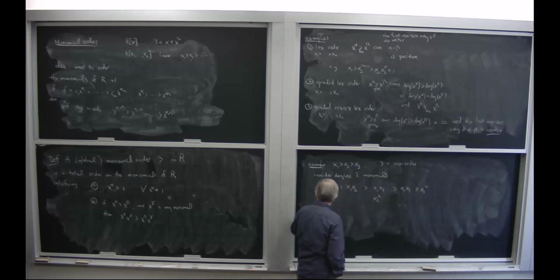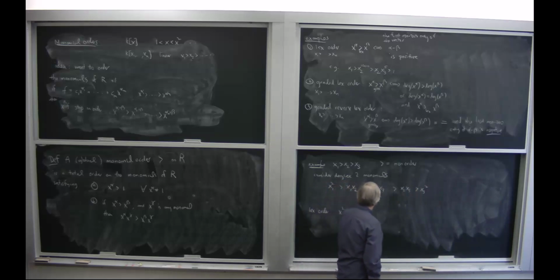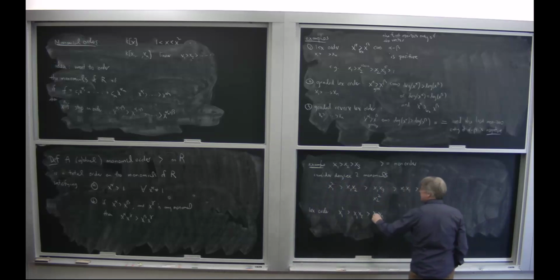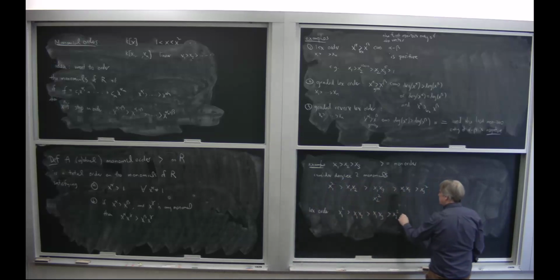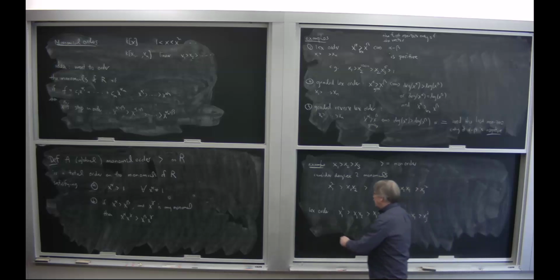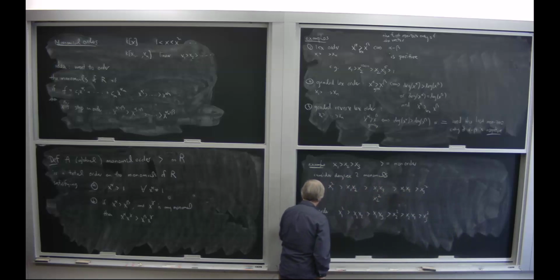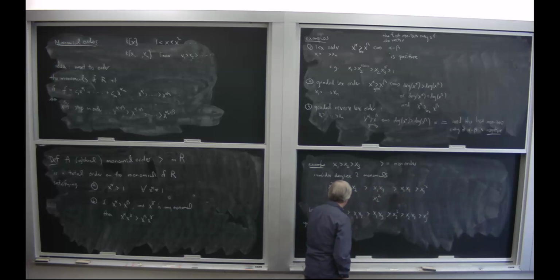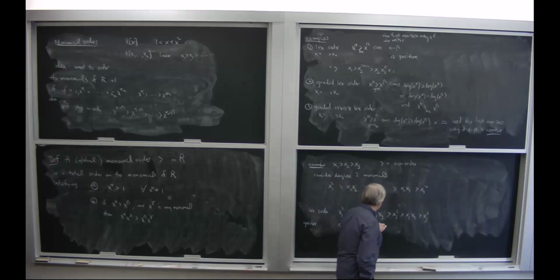So which one is which? Lex order is going to be x1 squared greater than x1 x2, greater than x1 x3 because it has the x1s out front, and then that leaves x2 squared. Both of these are greater than x2 x3 and x3 squared. Whereas grevlex is going to be x1 squared greater than x1 x2, and now these two change places: x2 squared is greater than x1 x3, because now we're looking at the least power of x3, and x2 squared has the smaller power of x3.